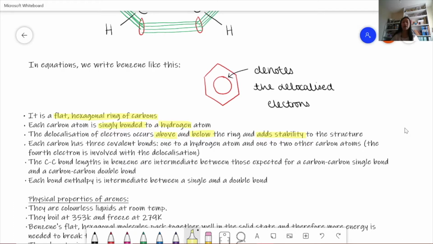Two really important things to know are that the carbon-carbon bond lengths in benzene are in between the lengths for a carbon-carbon single bond and a carbon-carbon double bond. And also each of these carbon-carbon bond enthalpies in benzene is between a normal carbon-carbon single bond and a carbon-carbon double bond.